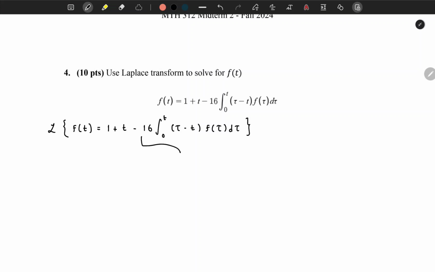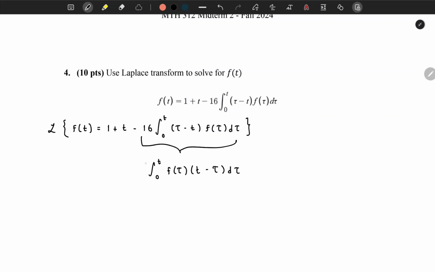Now, this right here, we could make our lives very easy if we are able to somehow manipulate this such that we get the form of the integral from 0 to t of f of tau times (t minus tau) d tau. Because if we get this form, this is just convolution. And since we are taking the Laplace, don't forget that we're taking the Laplace of all of this.